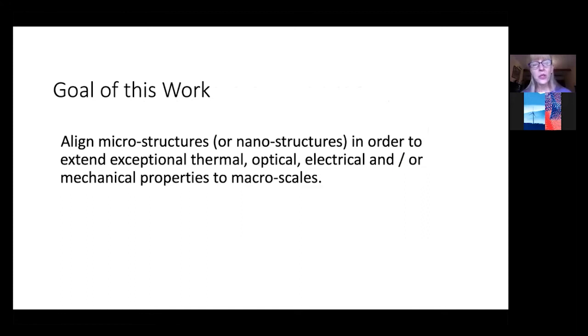This is to extend what are sometimes exceptional properties in these very small scale structures: thermal, optical, electrical, and or mechanical properties. And again, the goal is to harness the properties that are desired, those exceptional properties, and extend them to the macro scale.